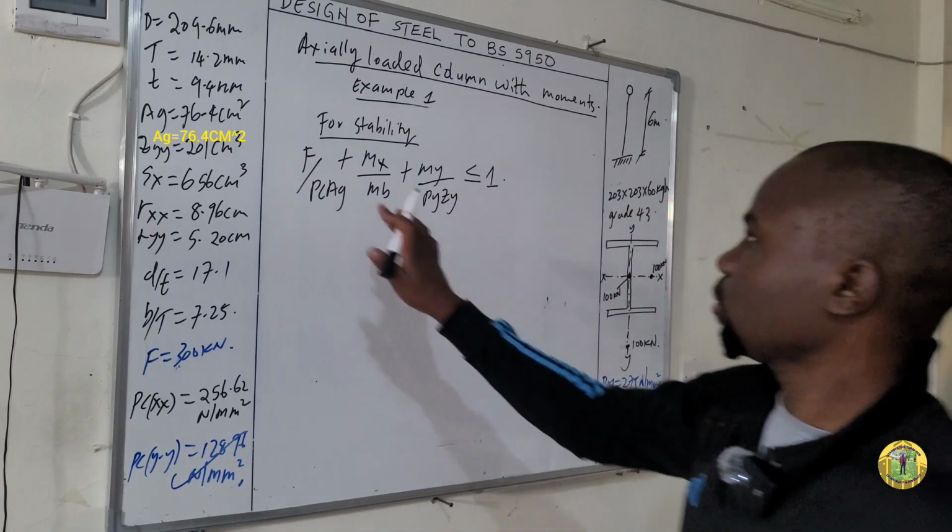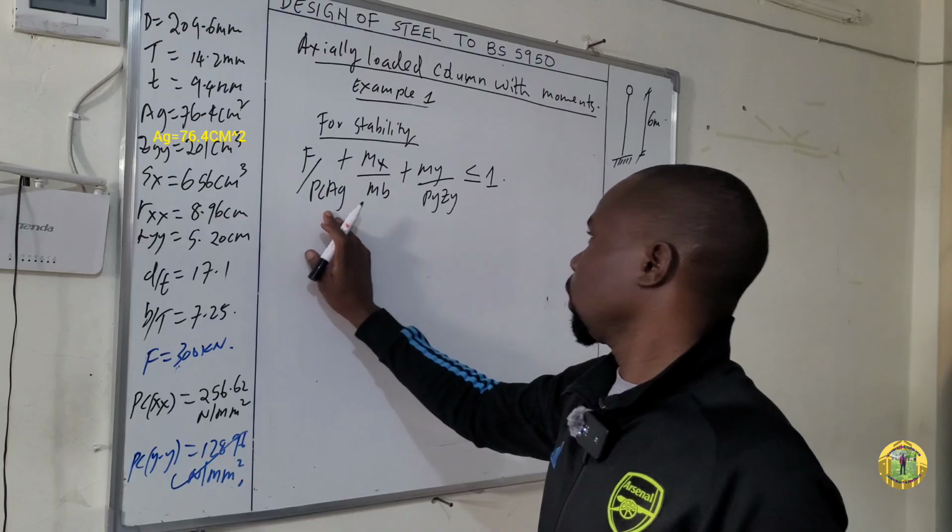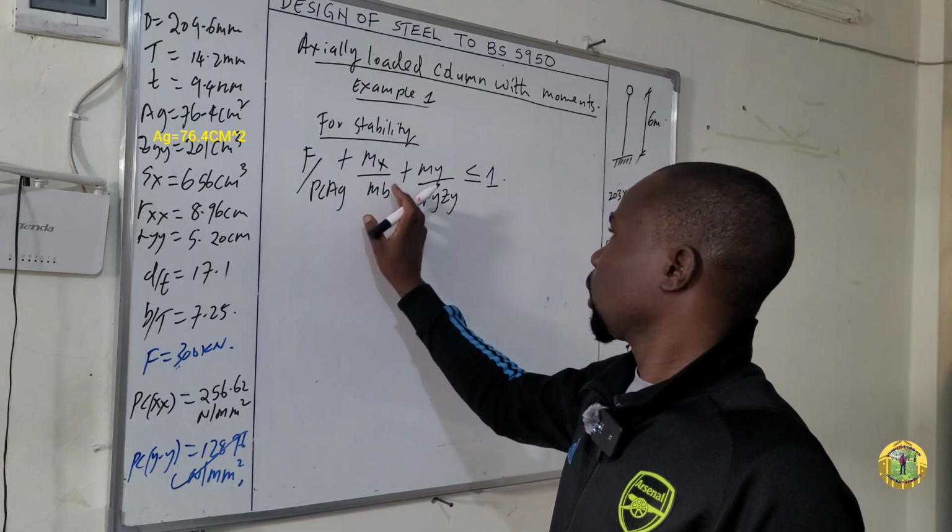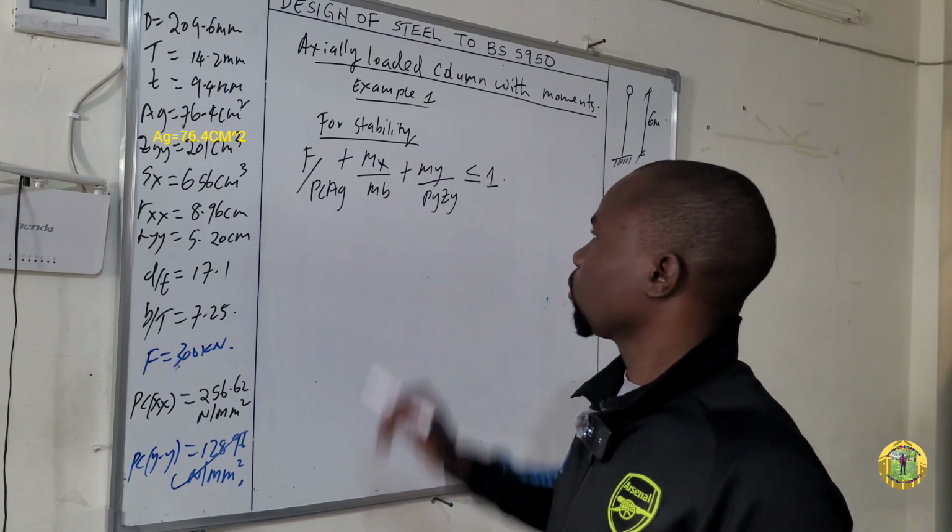So we have F, we have PC AG, but we don't have MX.